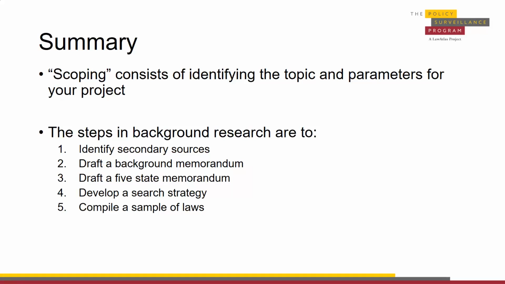Similarly, the next step after drafting a background memorandum and having an idea of the legal landscape of the area is you want to draft a 5-state memorandum or a policy memorandum. It doesn't have to be state, as I just mentioned. But what this accomplishes, we again have 2 researchers generally each write their own 5-jurisdiction memorandum on 5 different jurisdictions.